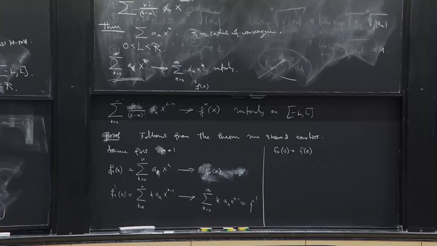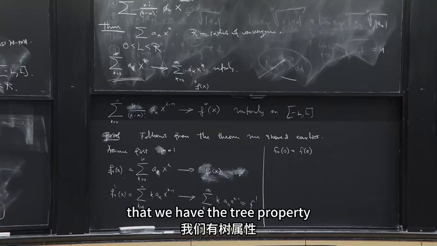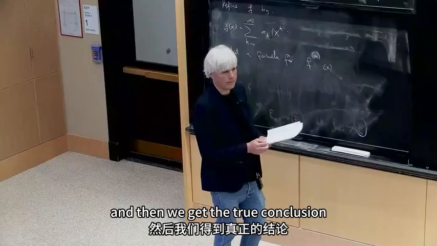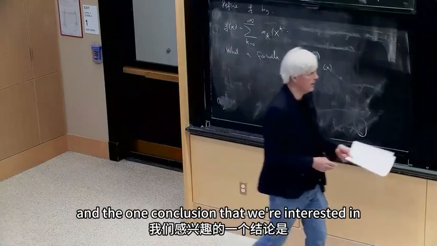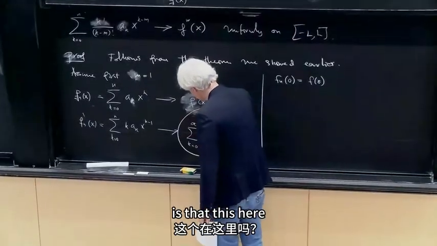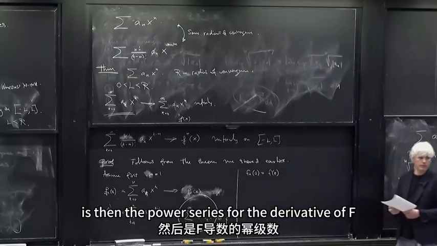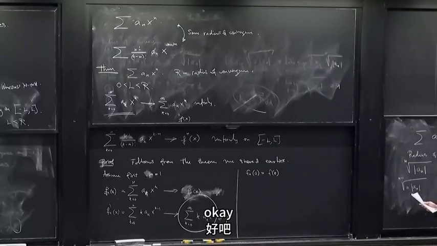So you see that this is just checking that we have the three properties from the theorem before, and then we get the two conclusions. And the one conclusion that we're interested in is that this here is then the power series for the derivative of f. Okay?